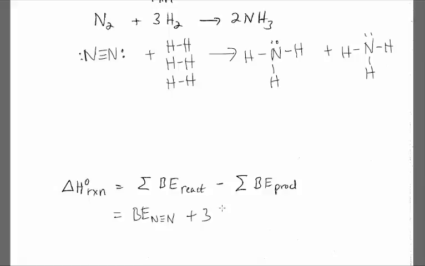And then plus 3 times the bond energy of a hydrogen-hydrogen bond, minus, and I'll put all the products in brackets, there's 3 hydrogen-nitrogen bonds in each ammonia, a total of 6. So we have 6 times the bond energy of nitrogen-hydrogen bond.